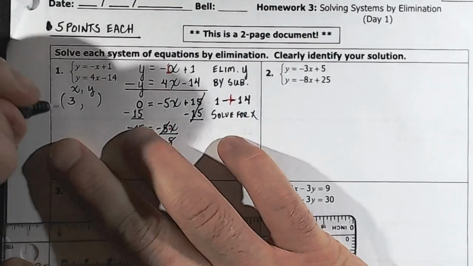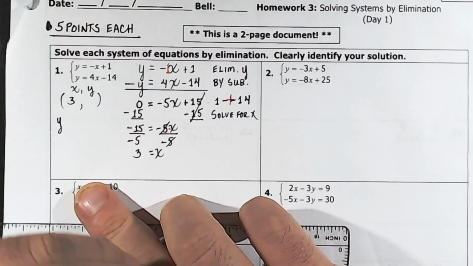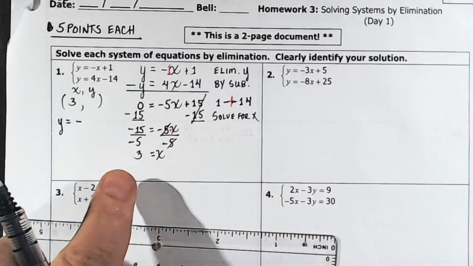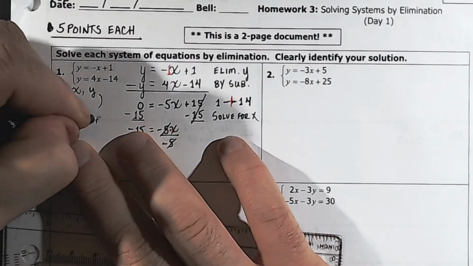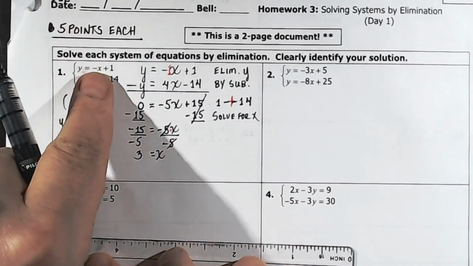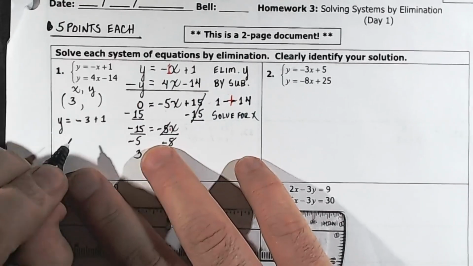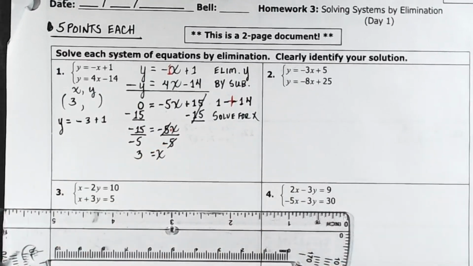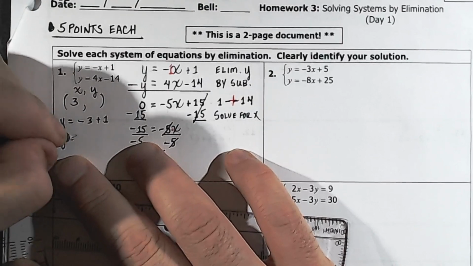So we can write here, not y equals negative x plus 1, but y equals negative 3 plus 1. Because x is 3. So you just plugged 3 in where x is. So now we have to say, what is negative 3 plus 1? Well, negative 3 plus 1 is going to get more positive by 1, so y equals negative 2.